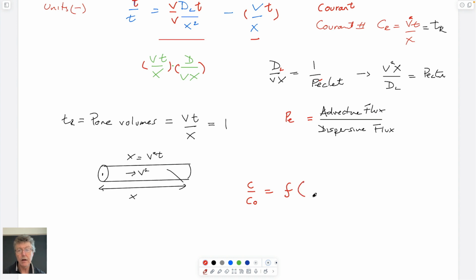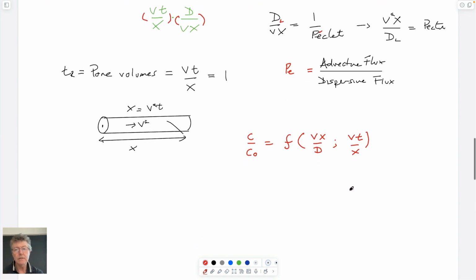The function of the Peclet number first, which is advective velocity times x over dispersion, and the Courant number, which is velocity times time over distance.